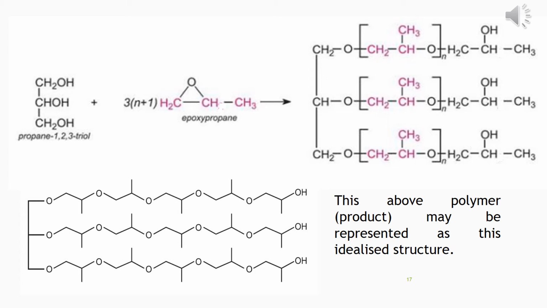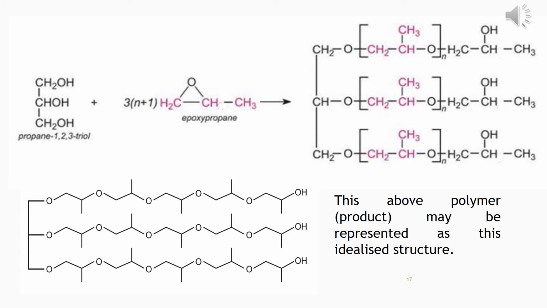Actually, glycerol, when it combines with this epoxy propane, gives three carbons and one oxygen just after the glycerol oxygens, and the epoxy propane is also giving a hydroxypropyl chain, which is attached to that portion in the bracket that is pink colored.